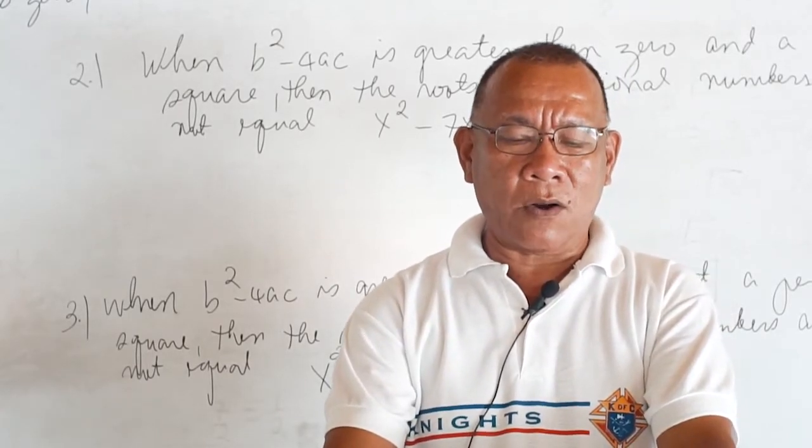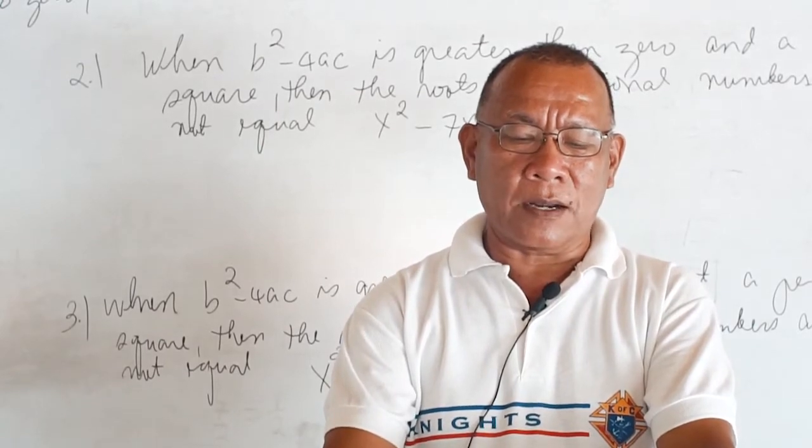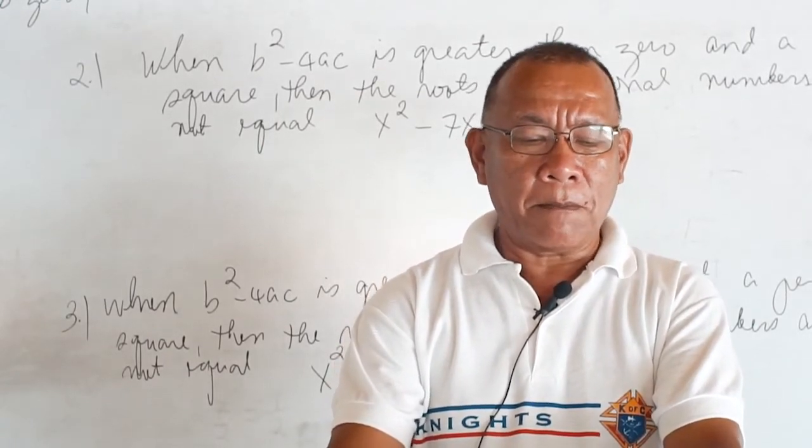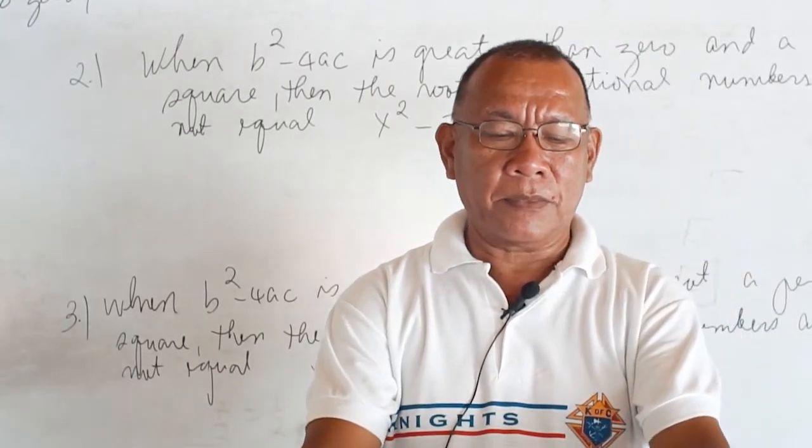It can be 0, positive and a perfect square, positive but not a perfect square, or negative.